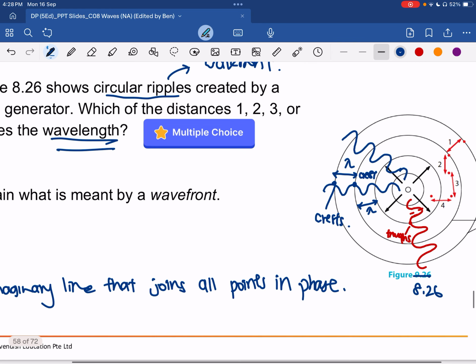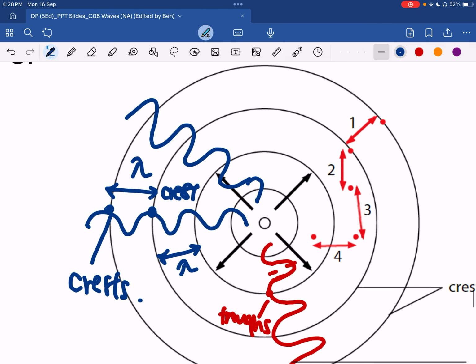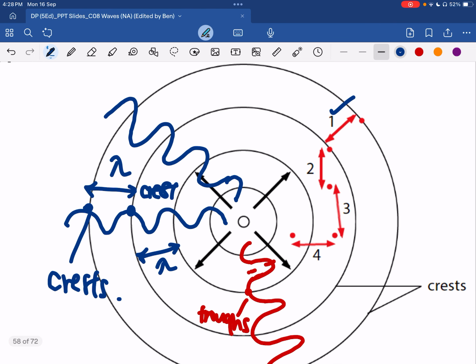Right? So in this case, 1, 2, 3, or 4, which one gives the wavelength? 1 gives the wavelength because it's the gap. 2, even though it's in between, is not measuring the shortest distance between the crests, right? So 2 will not be a wavelength.